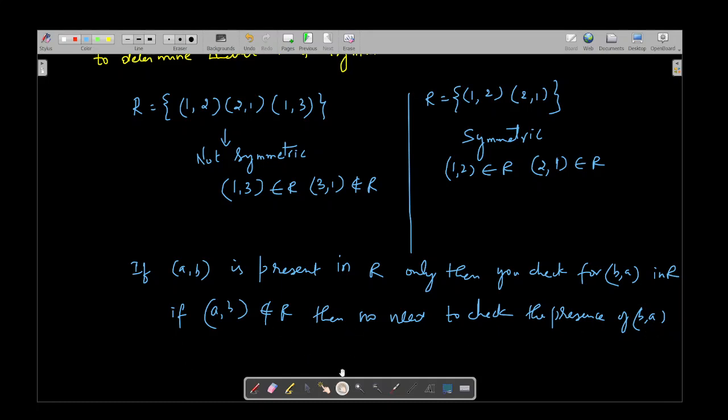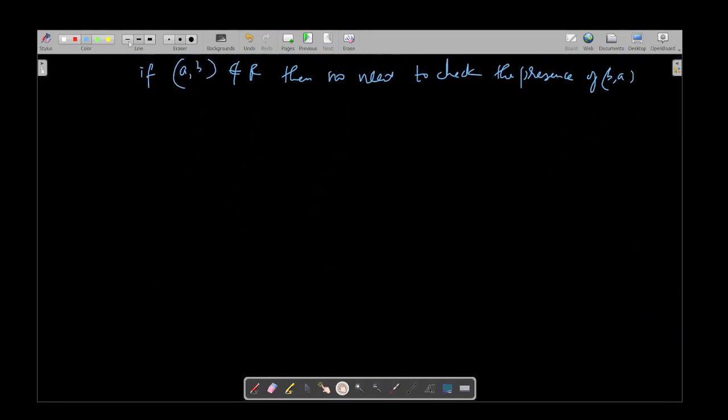So what does it mean? If (A, B) is in R and (B, A) is also in R, then R is symmetric.